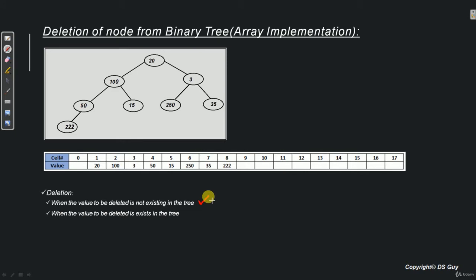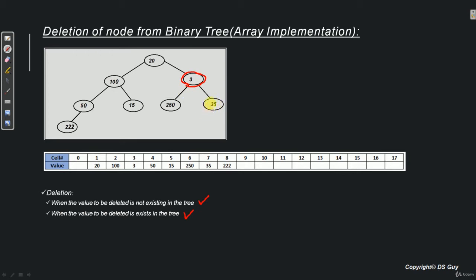But in case the value exists in the tree, then we have to do some very simple steps. Now what are those steps? Let's see. So let's say we want to delete number 3 from this tree. Now as we have already seen in linked list implementation, we cannot directly delete this node because there are other nodes which are dependent on it.